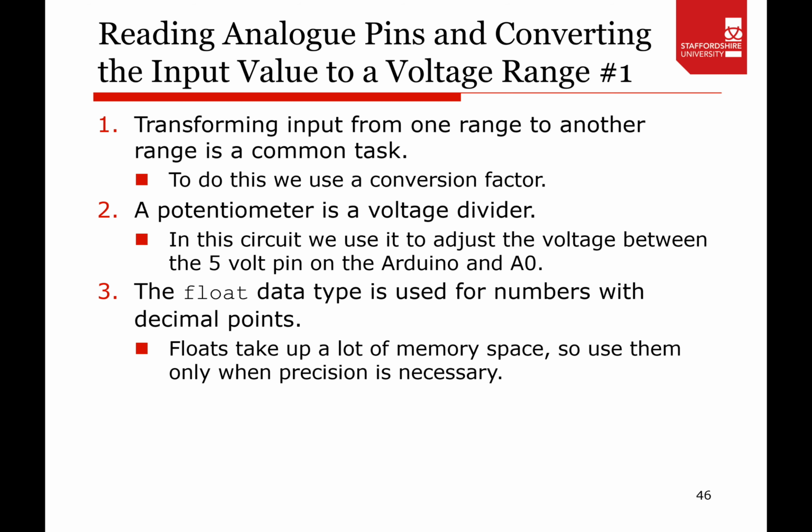To do this, we use a conversion factor. The potentiometer that we use is just a voltage divider. In the circuit, we use it to adjust the voltage between the 5-volt pin on the Arduino and A0. The float data type is used for numbers with decimal points, but floats take up a lot of memory space, so use them only when precision is necessary.